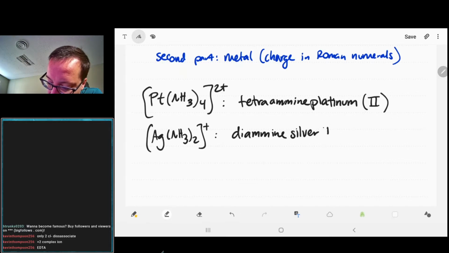You don't technically need to put the charge here because we know that silver only takes the charge of 1. So just like before, if you're dealing with zinc, silver, cadmium, we don't have to put any charge there. So it's just for the ones that do take variable charges.